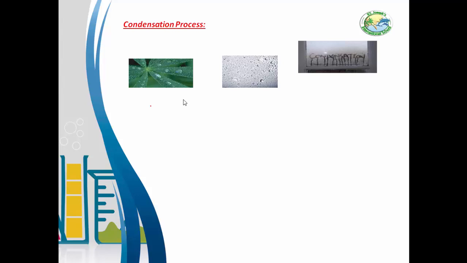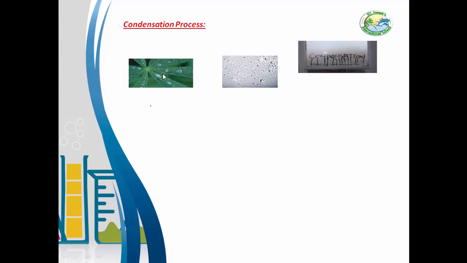All these happen due to condensation, in which the water vapor which is present in air collects on the cold surface to form water droplets. This is the condensation process.